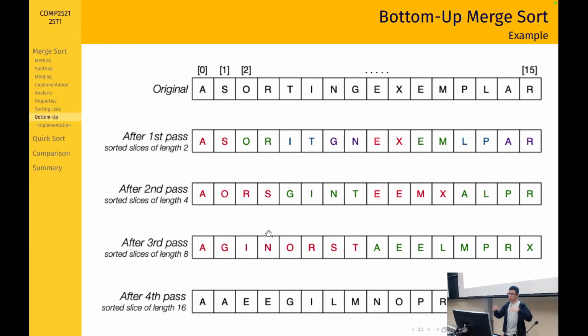And then it keeps doing that, so it merges pairs of arrays of size 4 into arrays of size 8, and then finally it merges these two arrays of size 8 into one array of size 16. Okay, so it gradually merges longer and longer sorted runs into bigger sorted runs.